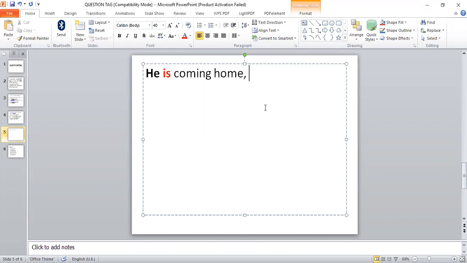So now, if we combine all of this together, this is how you arrange your question tag in this form. You have your auxiliary verb plus your negative marker, if we must have one at all, plus your subject.